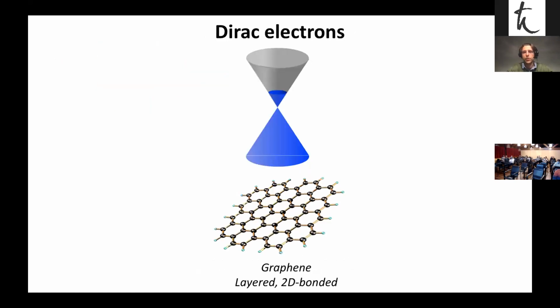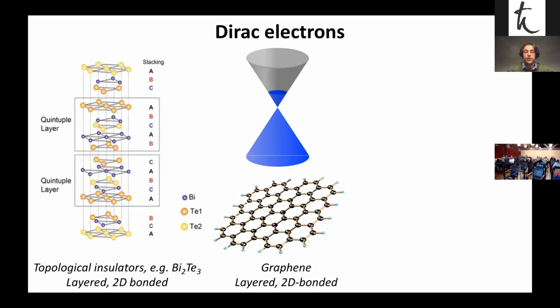So of course, we know several of those materials. The most famous one, arguably, is graphene, which is a layered 2D bonded material, 1 atom thick. There's also topological insulators, such as bismuth telluride, where in the unit cell you actually have 5 layers, but it's still a layered material because most of the bonds, or all the real bonds, are in plane.